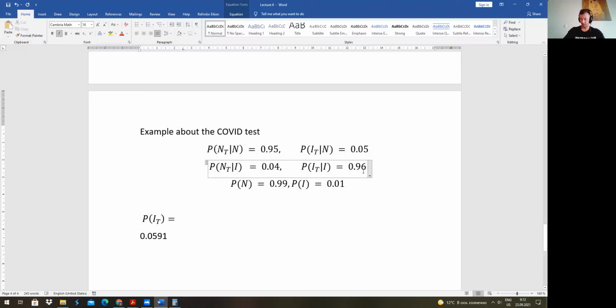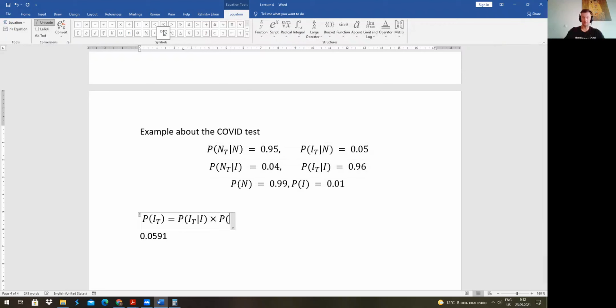Either the person is infected and the test is correctly showing this, or the person is not infected but the test mistakenly reports this. So I need to find the probability of a person infected and the test gives a positive response, this one, plus the probability that the person is not infected and the test reports a positive result, this.